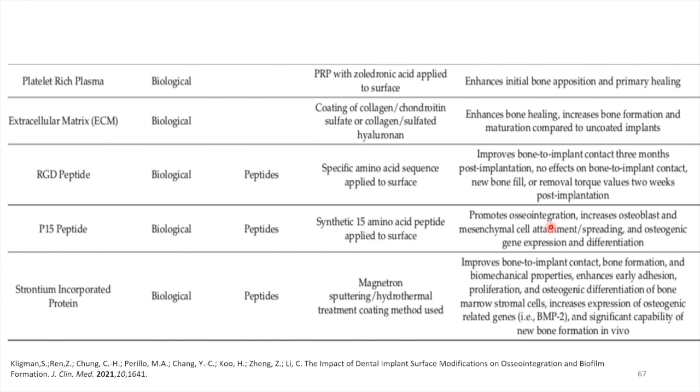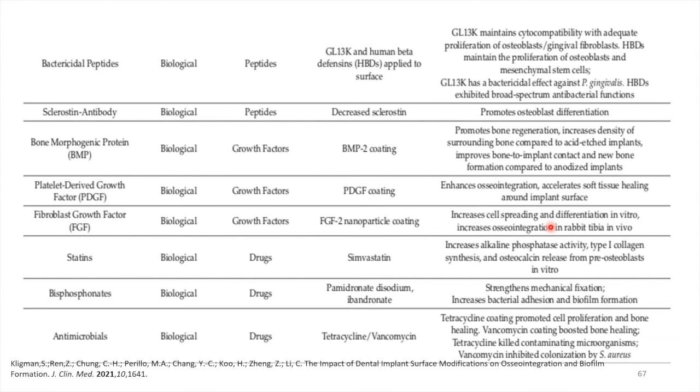The growth factors such as the bone morphogenic proteins, platelet-derived growth factors, and fibroblast growth factors have accelerated the tissue healing, and drugs such as statins, bisphosphonates, and antimicrobials are also used as coating, which enhances the bone healing and formation.